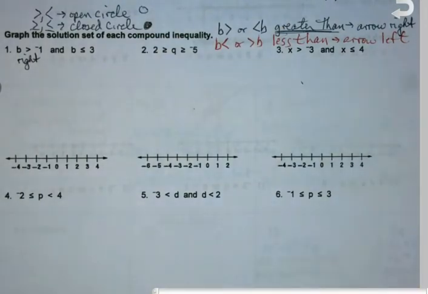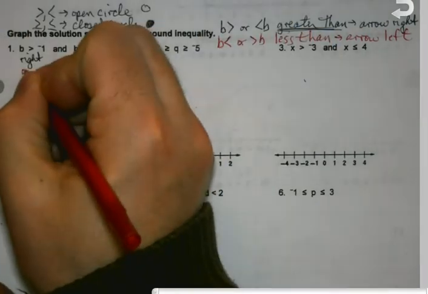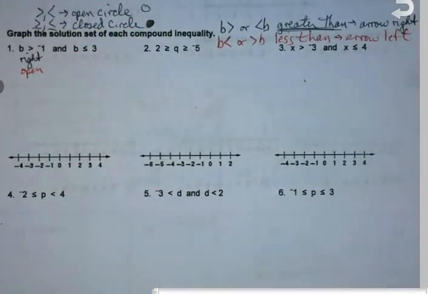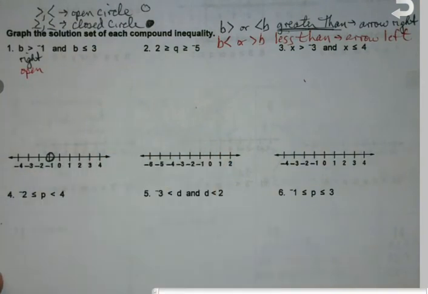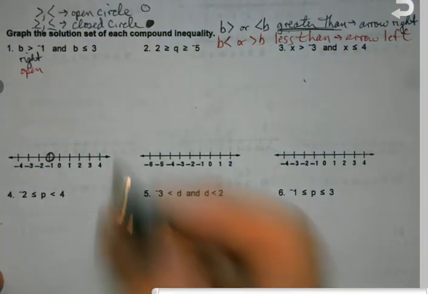So there's two things we're looking for on every one of these graphs: is it an open or closed circle at the point, and which direction is my arrow going? We figured out that for number 1, we're heading to the right, and my circle is going to be open. So: open circle on -1, going to the right.